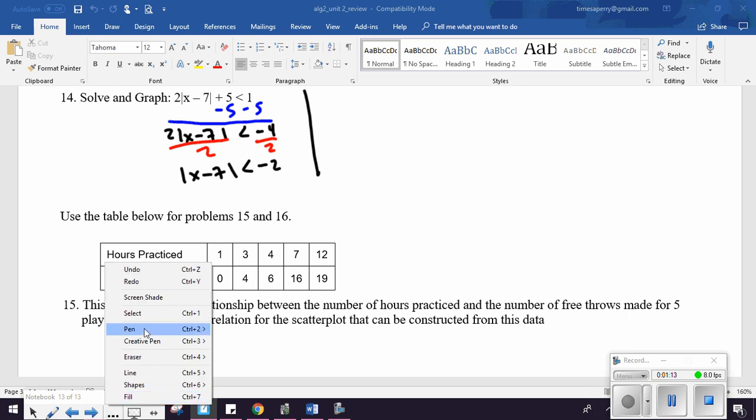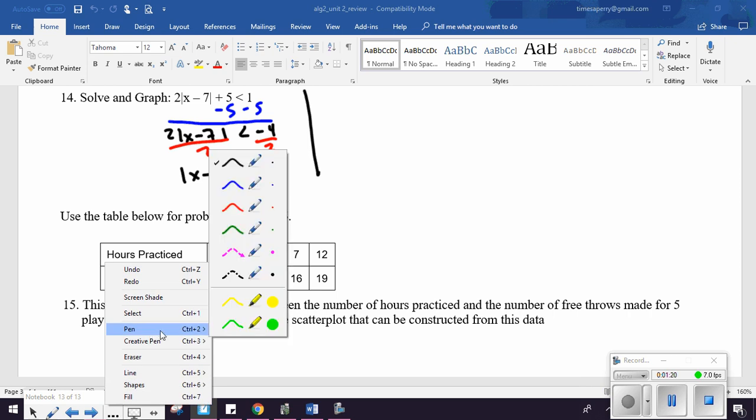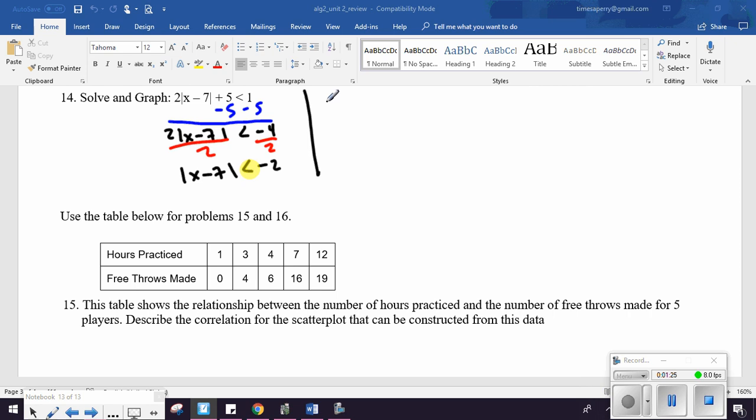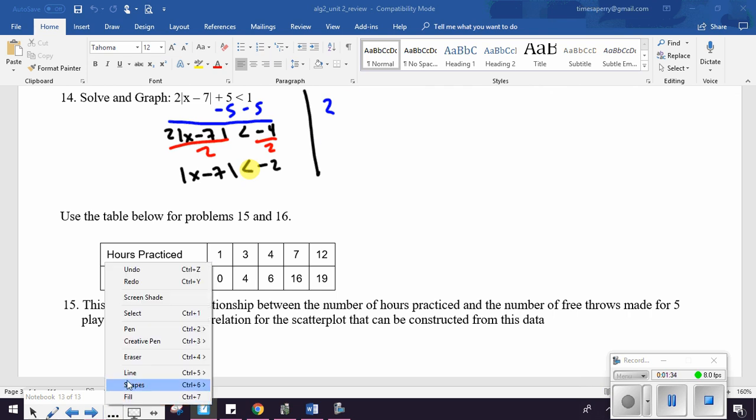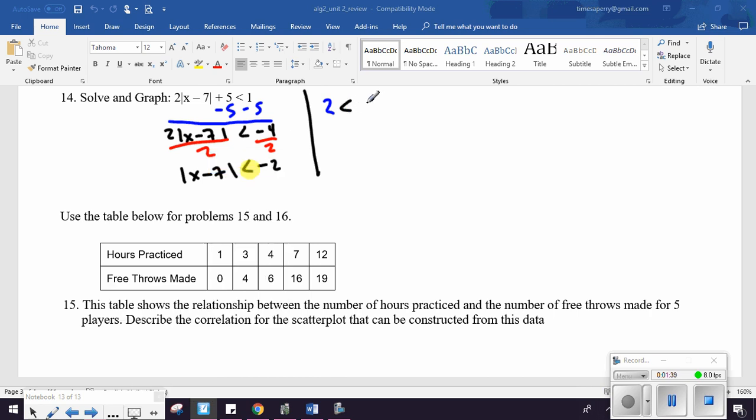This is a less than scenario, so we write it as positive 2, because you do the opposite first, less than x minus 7 less than the original negative 2.